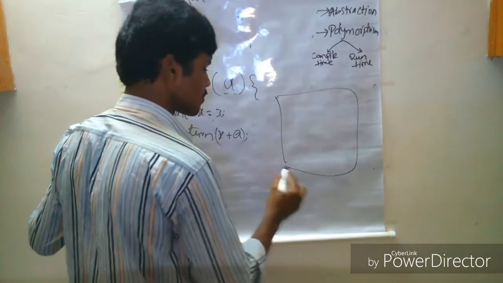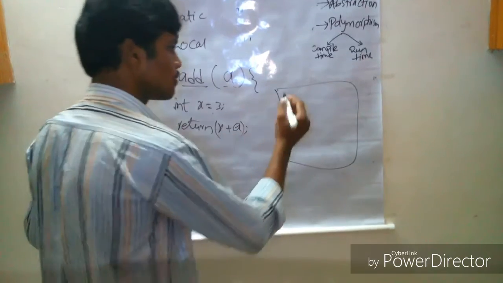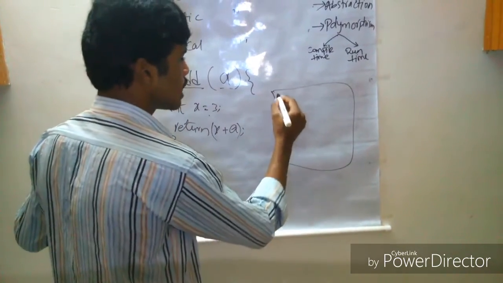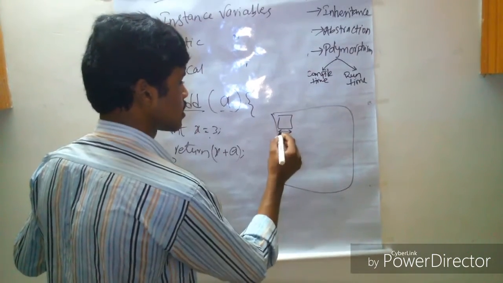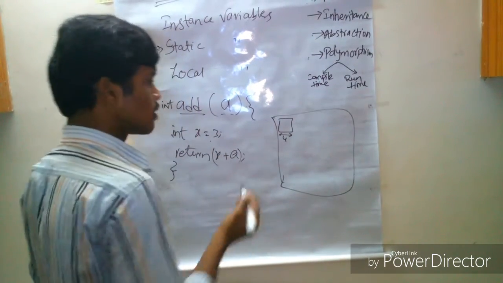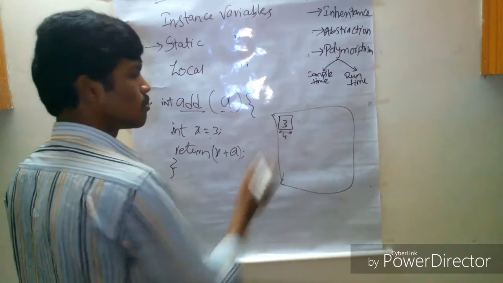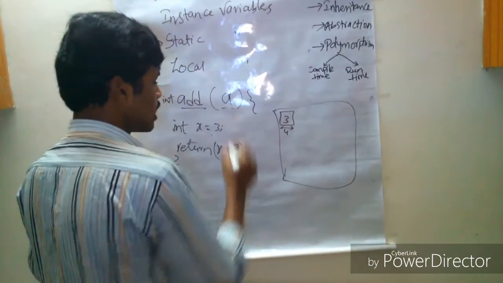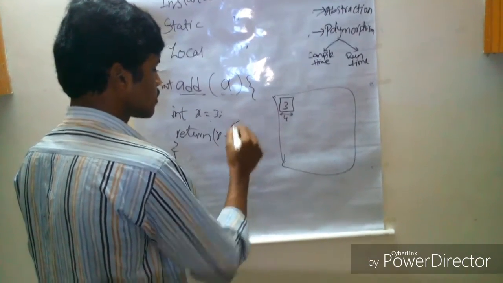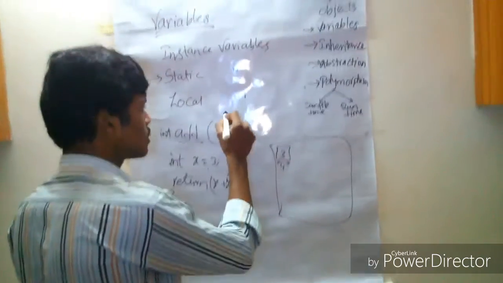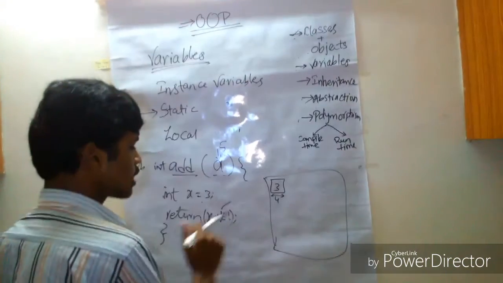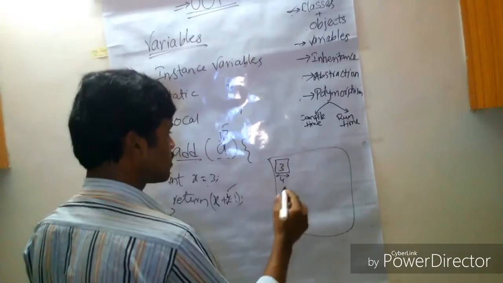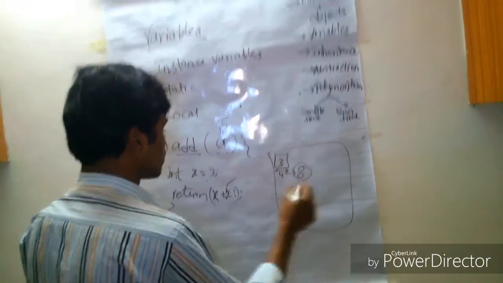In the main memory, as soon as this function starts executing, an integer variable x with 4 bytes of memory is going to be created. Later, if I give 5 as the argument, x plus 5, where x is 3 and the value is 5, it is going to return 8 to the main method.